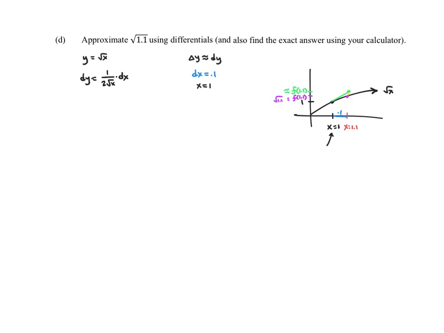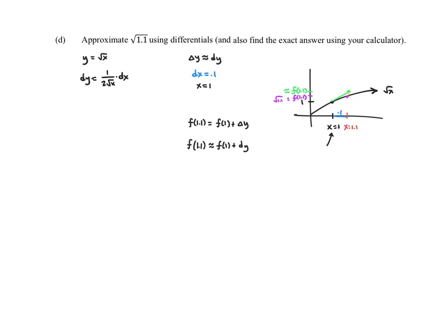Okay, so again, one more time, let's approximate f of 1.1. That will be f at 1 plus delta y. Right? f of 1.1 would be exactly equal to f of 1 plus delta y, right?